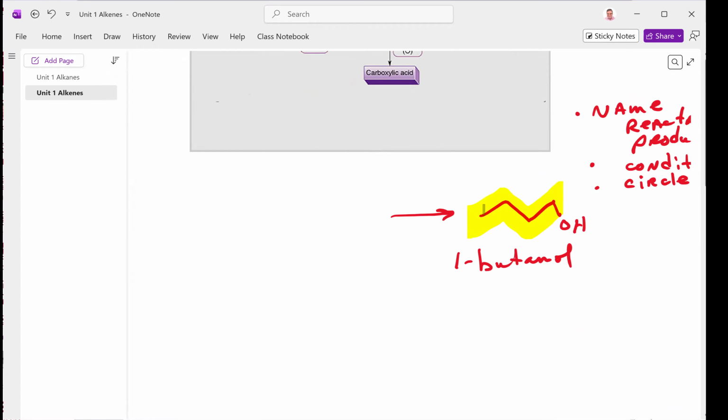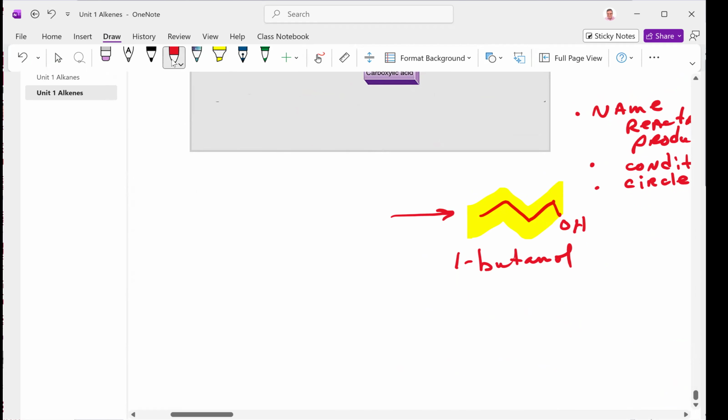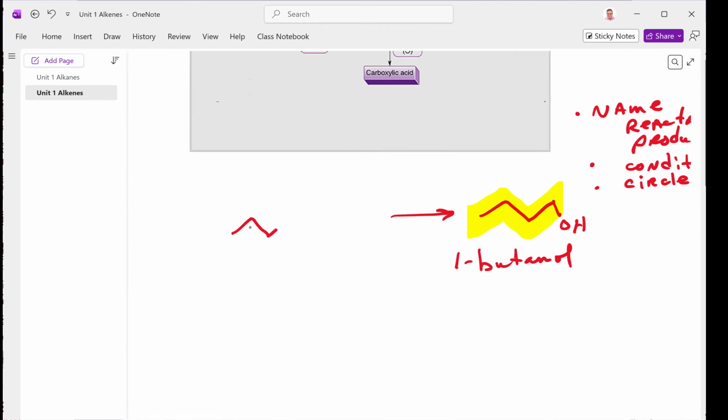So that's 1, 2, 3, 4. So we're going to start with the same backbone. An alkene. So where's the double bond going to go?